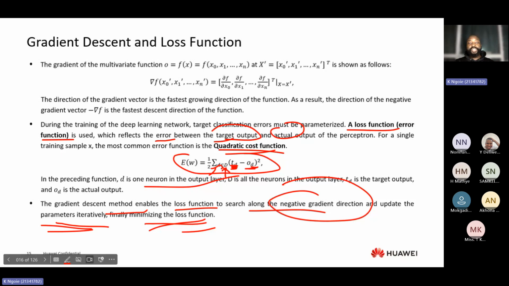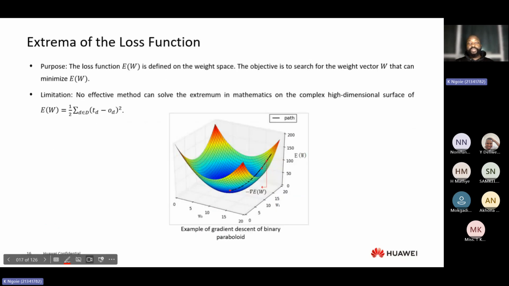This is an example of the function that we have. It changes the values of the weights until we get the weights that give us the smallest loss. The purpose of the gradient descent is just to reduce the loss.